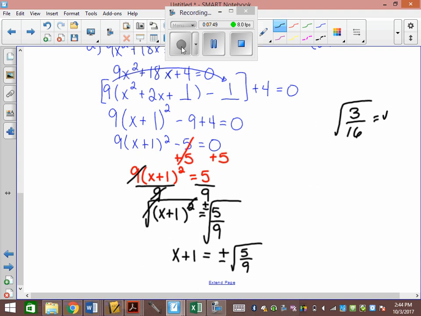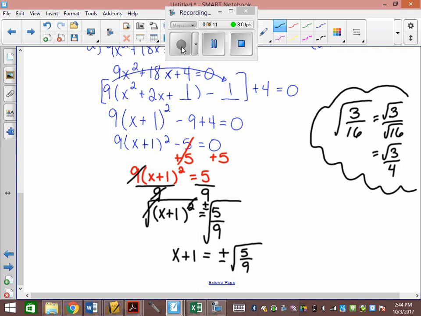So we get √3 over √16. Why would we want to do that? Square root 16 is 4, so it would work out to be √3 over 4. That's grade 10, an aside that has nothing to do with this question. It's just proving to you that we can do that, right?